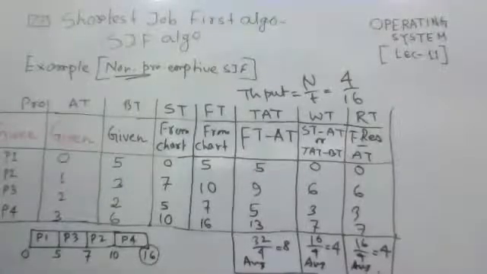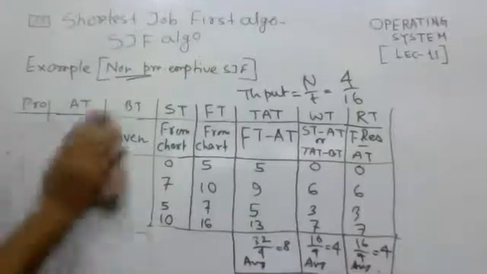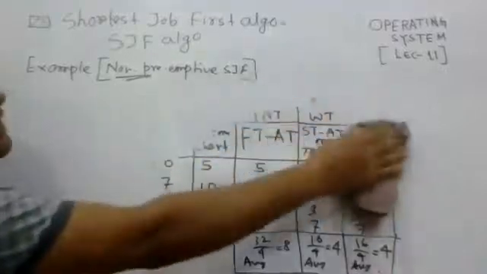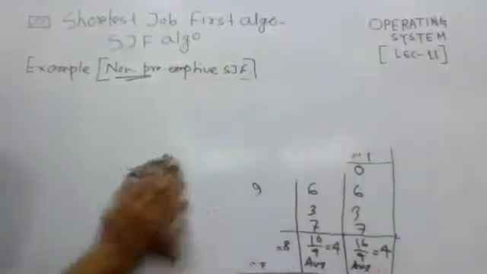Now in this non-preemptive SJF, the advantage is maximum throughput and minimum average waiting time and turnaround time. So here the throughput is maximum, and waiting time and response time are minimum.